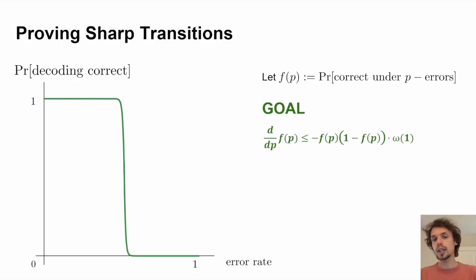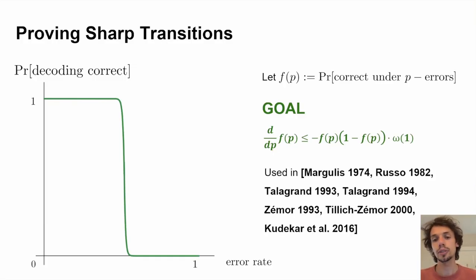And formally, what we'll try and show is that the derivative of f of p has this form. So it can be bounded by minus f times 1 minus f times something that's super constant.